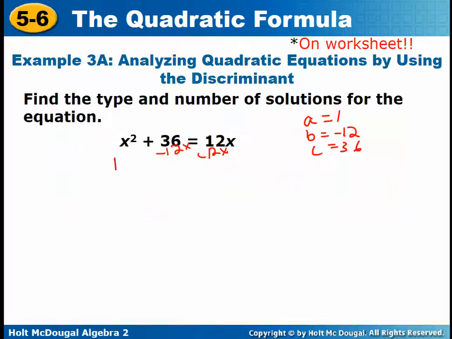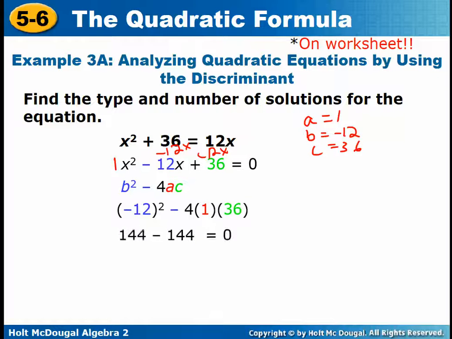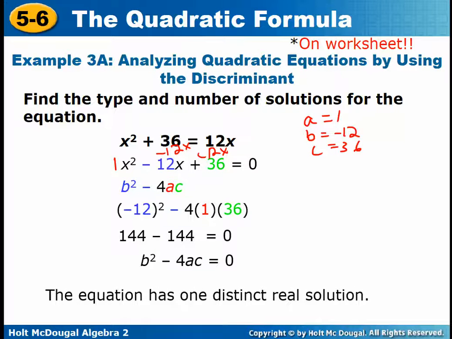It's just going to touch the x-axis at 1 point, if I was going to visualize what was happening here. So the answer for this question, which says find the type and number of solutions, is 1 distinct real solution. Now, when you solve this using factoring, maybe you got x equals 2 and x equals 2. Those aren't distinct. That's 1 solution.